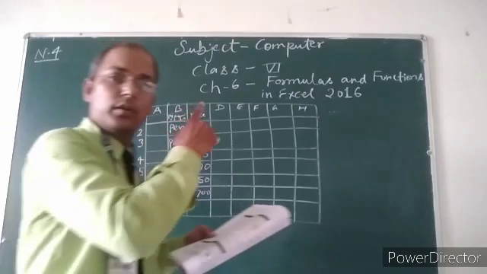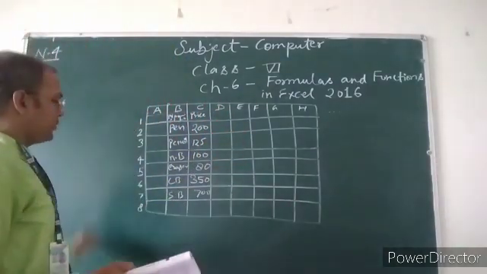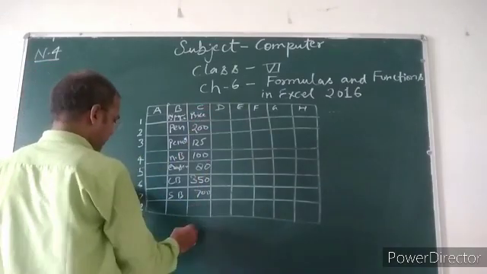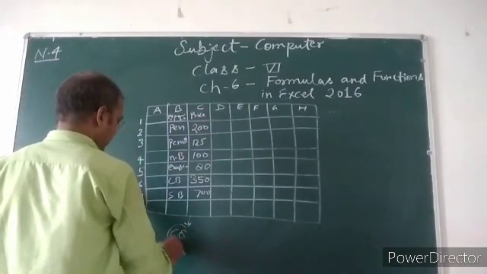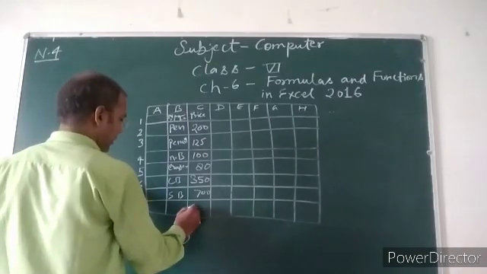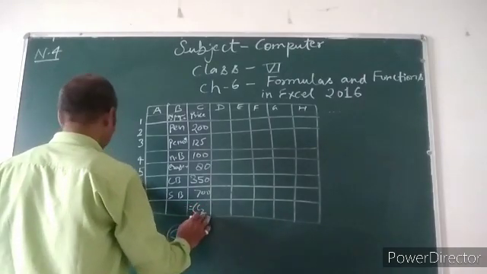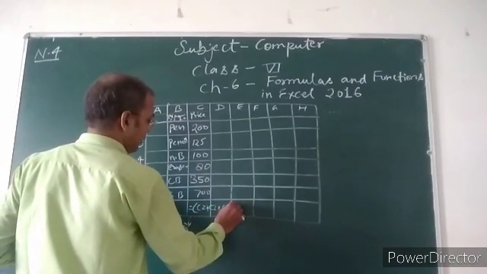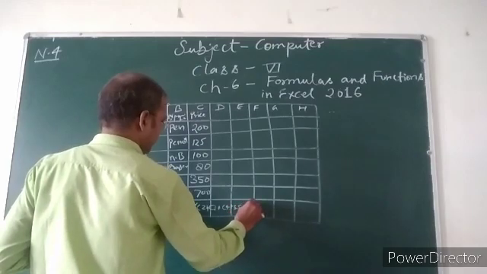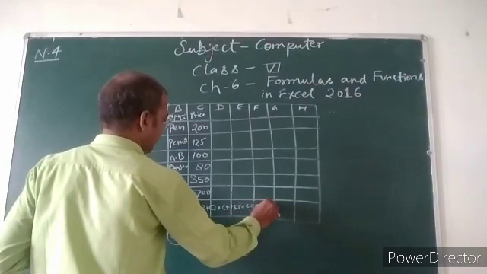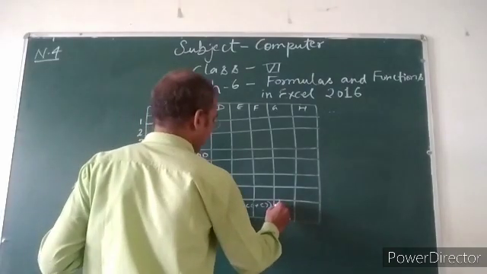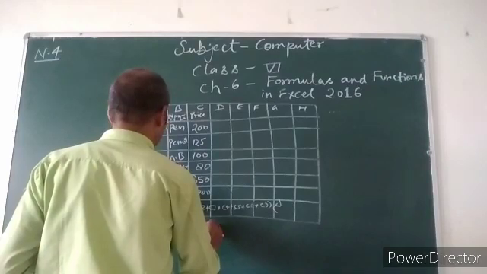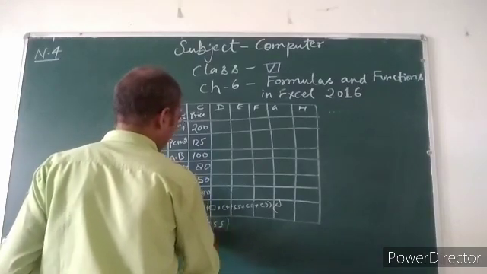And according to the steps, in C8 we type equal C2 plus C3 plus C4 plus C5 plus C6 plus C7, then enter, and you will get the answer here: 1555 rupees.